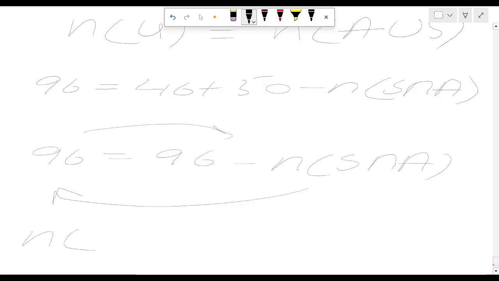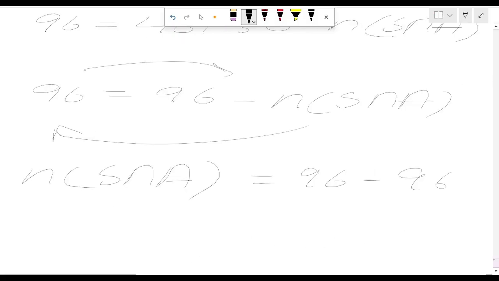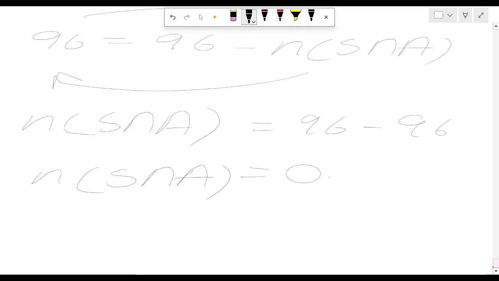So this means N of S intersection A is equal to 96 subtracted from 96. That is equal to 0. So this means that there isn't any common value between set S and set A. So this will be your final answer.